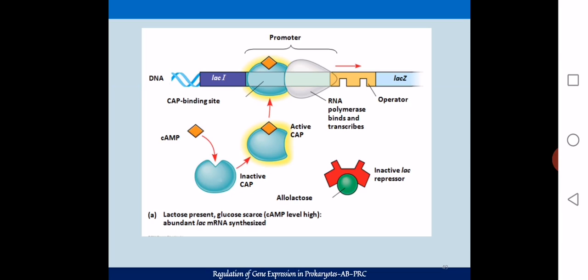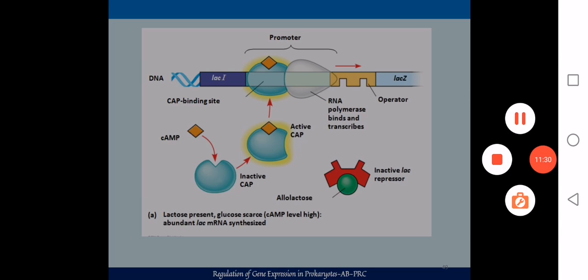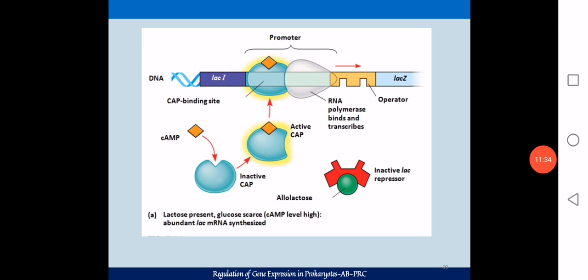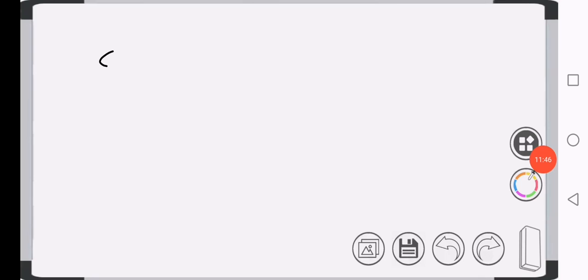This is because when glucose is available, most of the cAMP will be converted into ATP. That means most of the AMP will be converted into ATP. That means the concentration of AMP will be less and the concentration of ATP will be high. Usually cAMP molecules are nothing but the cyclic form of AMP.